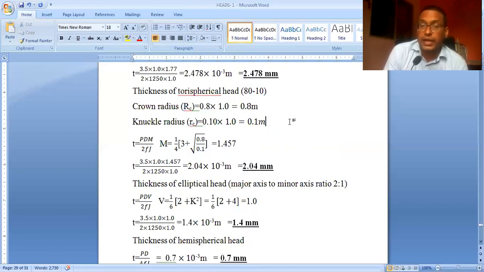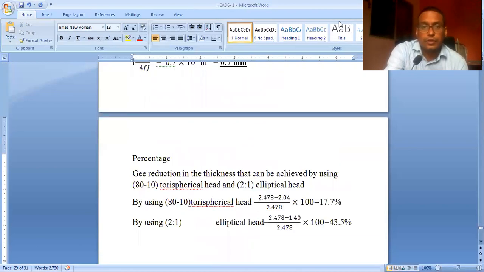But if the major axis to the minor axis ratio varies, then the value of V changes. Then you can calculate the percentage change or the excess requirement of the thickness.